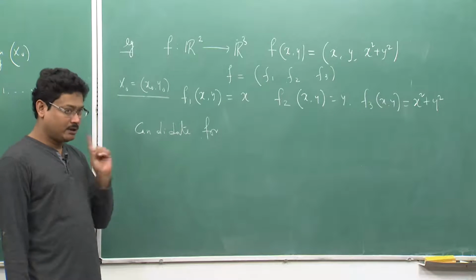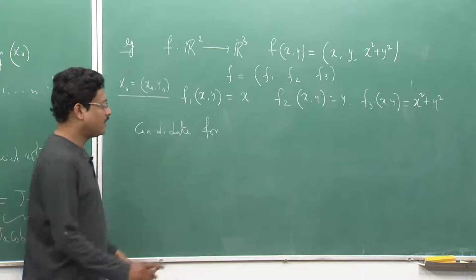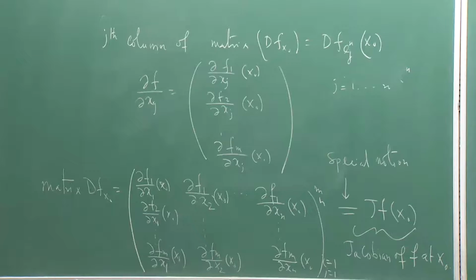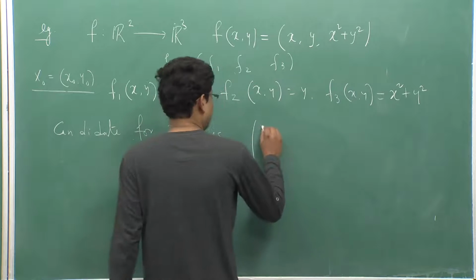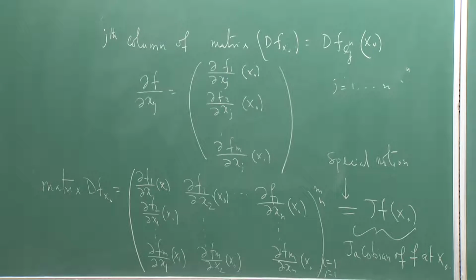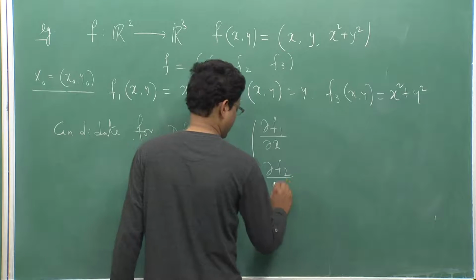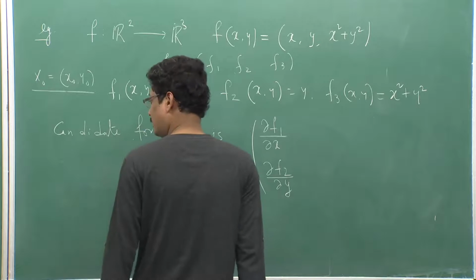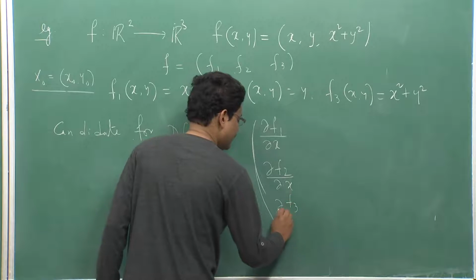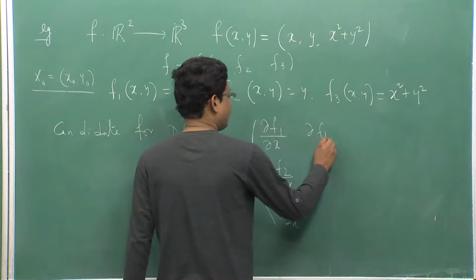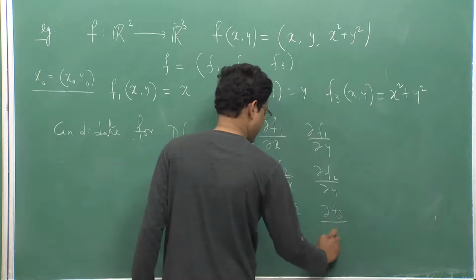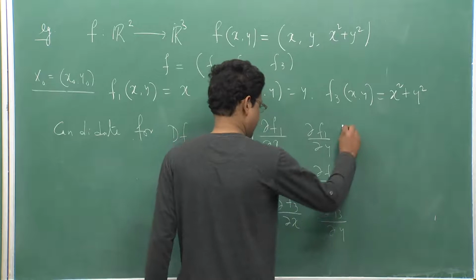But if it is differentiable, then the candidate for df at x naught, from this formula, is the matrix with entries del f1 del x, del f1 del y, del f2 del x, del f2 del y, del f3 del x, del f3 del y.